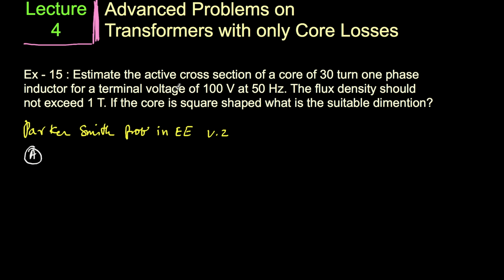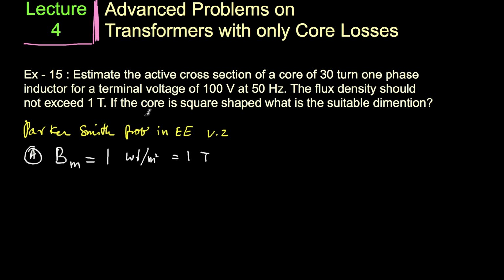Estimate the active cross section of a core of a 30 turn single phase inductor. So there's no transformer here. This is just an inductor for a terminal voltage of 100 volts at 50 hertz. The flux density should not exceed 1 Tesla. So at least that part I can write. B max should be 1 Weber per meter square, or nothing but 1 Tesla.